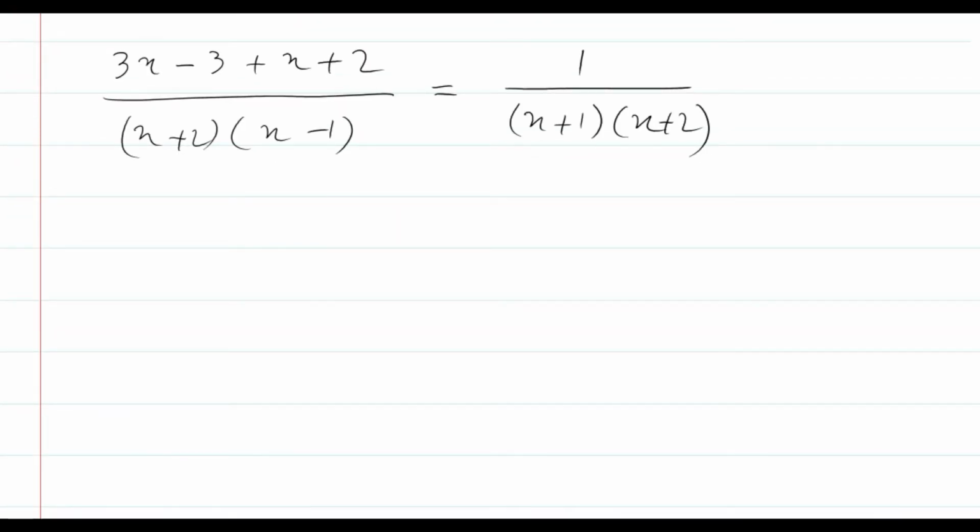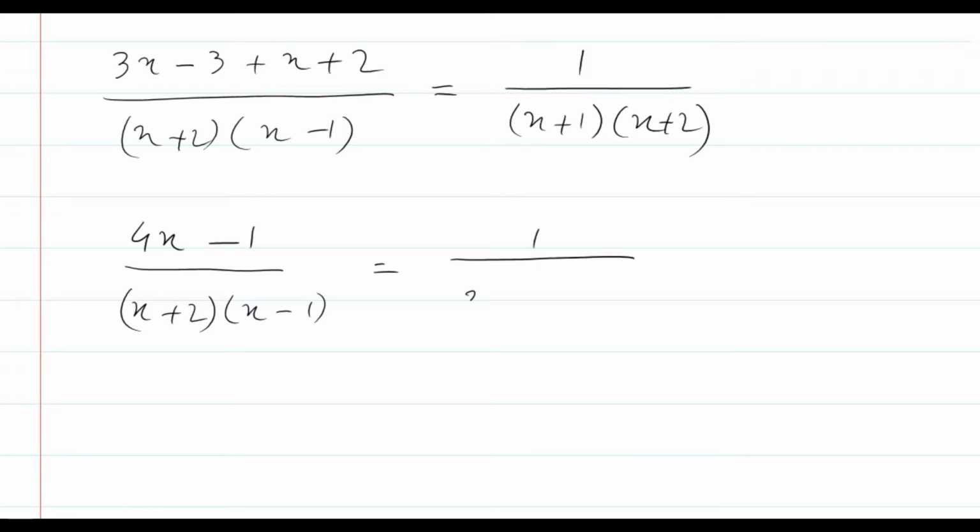Now on simplification you will get 4x minus 1 over x plus 2 times x minus 1, and our right side is the same, x plus 2.